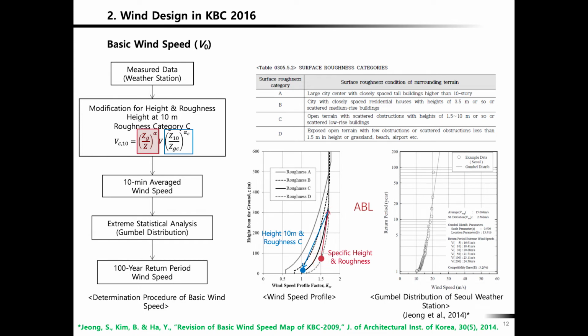So the dotted line comes from that surface with that roughness of, say, D. Roughness D. And then, above the ABL, the wind speed is assumed to be the same, even with different surface roughness, because it's the same wind.